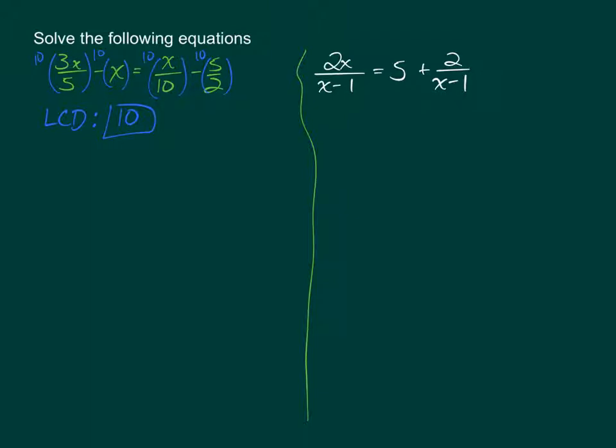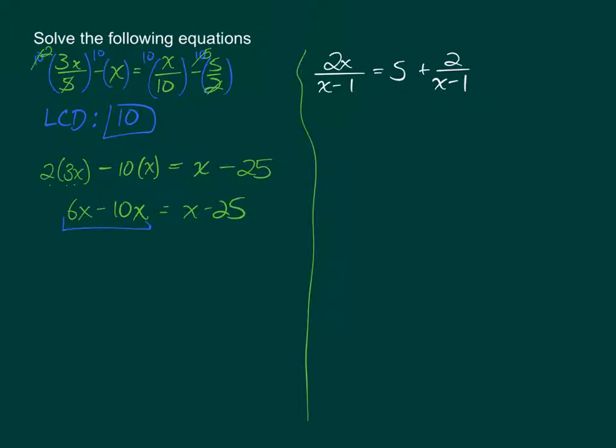So after we reduce, there will be a 2 times a 3x, because 10 divided by 5 leaves you with a 2, and 3x is what's on the inside, minus 10 times x equals x minus 10 divided by 2 is a 5. 5 times 5 is 25. So over here on the left, 2 times 3x will be 6x minus 10x equals x minus 25.